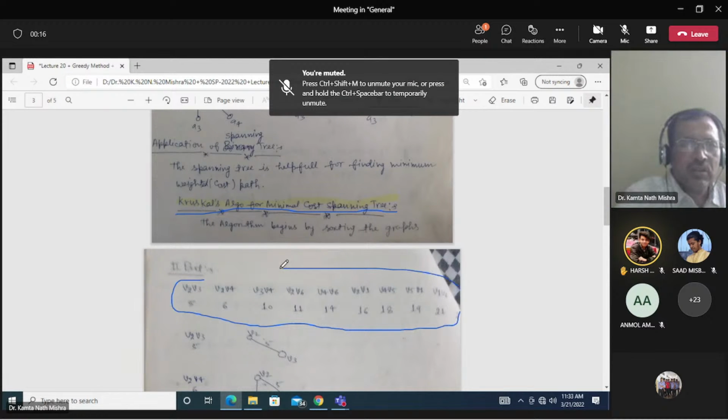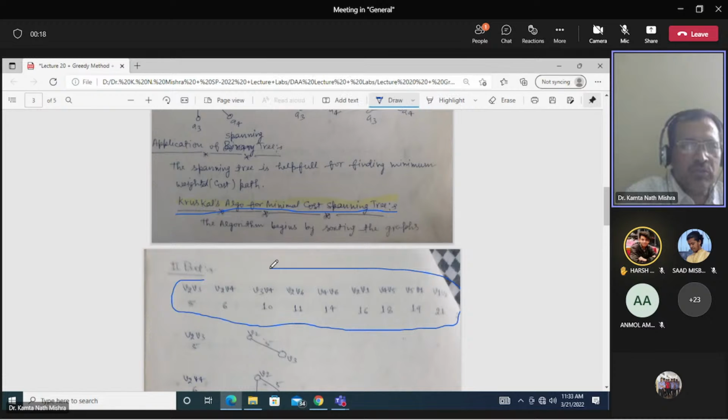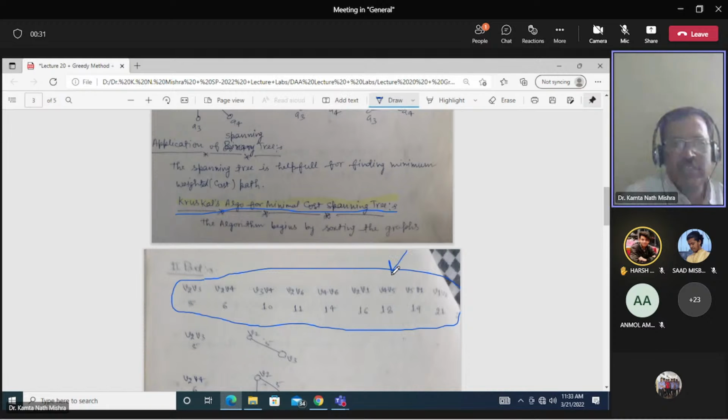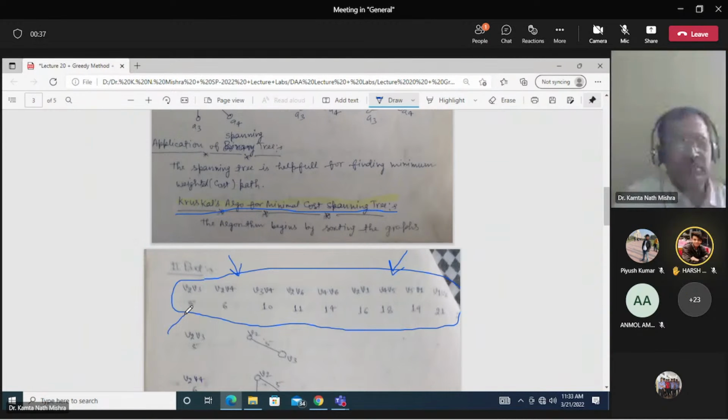Ascending order, sir. V3, V4, weight is 10. V2, V6, weight is 11. V4, V6, weight is 14. V2, V1, weight is 16. What is this? Sorted edges, ascending sequence of weights. So where is this part that you have drawn? Where is this part? What were you thinking in your mind?